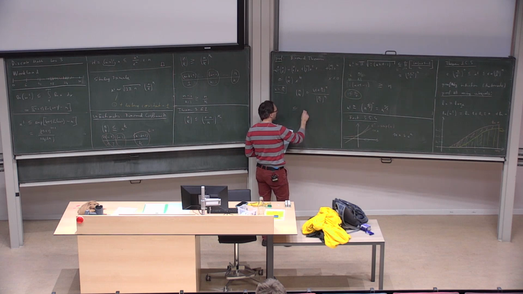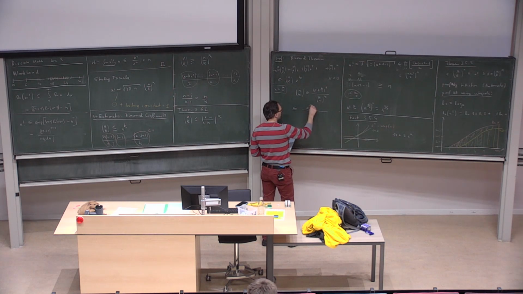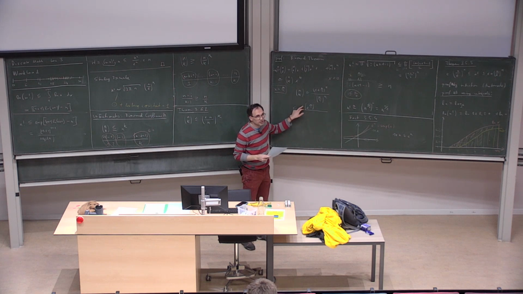Somehow, yeah. We just use on the top e to the k divided by n, because that's the upper bound that we had before.